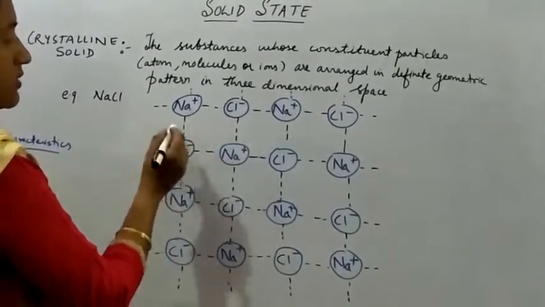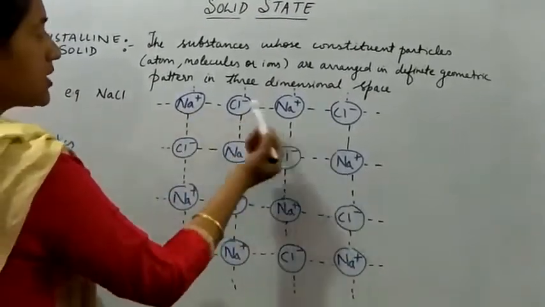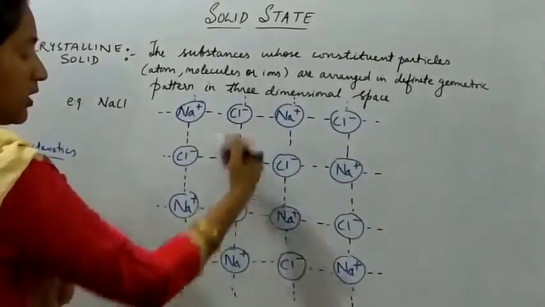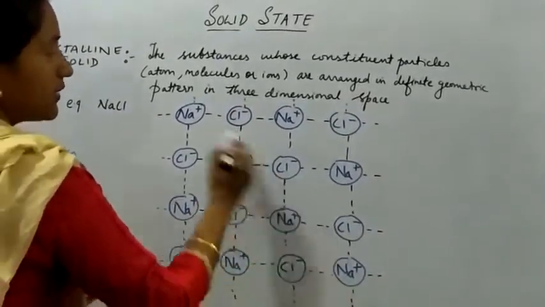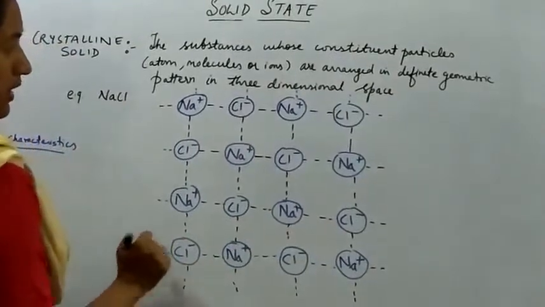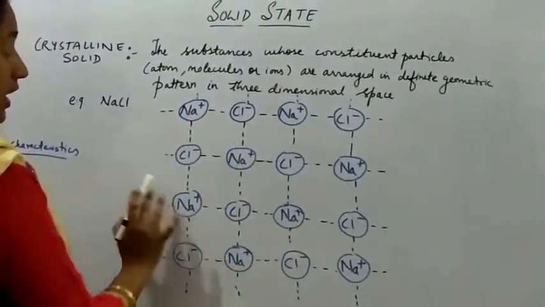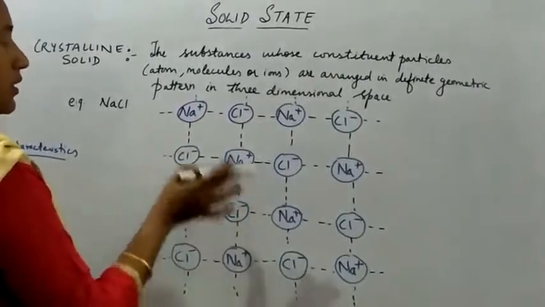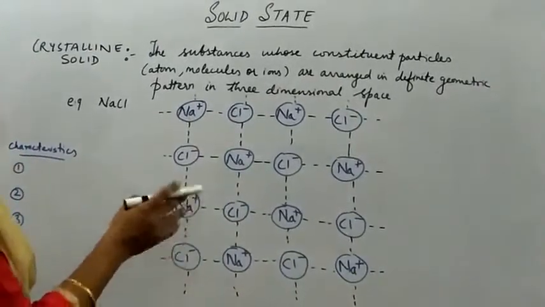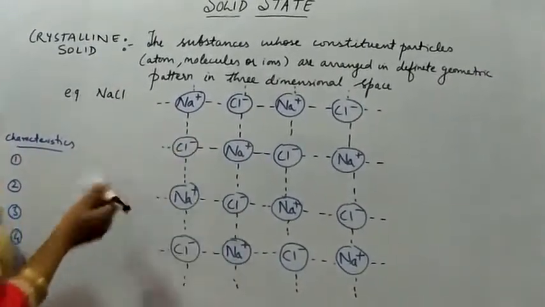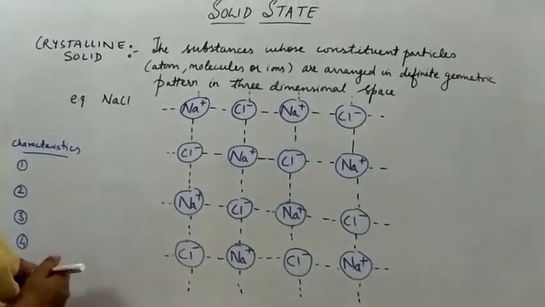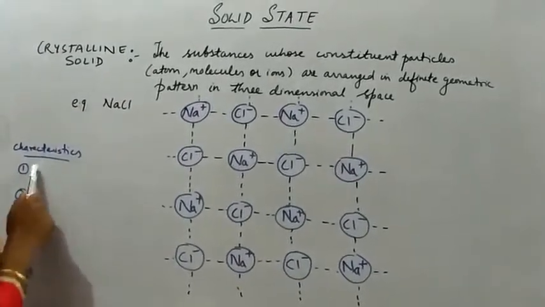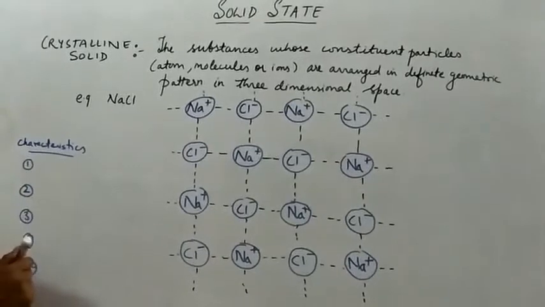It is followed over a long distance and in three-dimensional space, along the x-axis, y-axis, and z-axis. Along the whole space, we will get the same arrangement throughout. If we have a regular pattern like this, it will be known as the crystalline solid. Now we are going to study the characteristics.